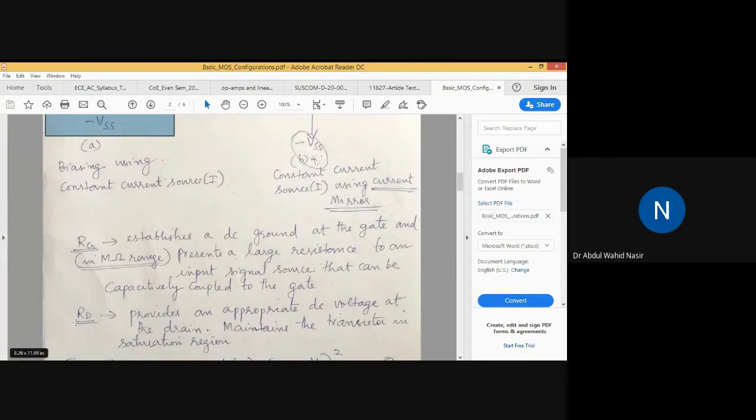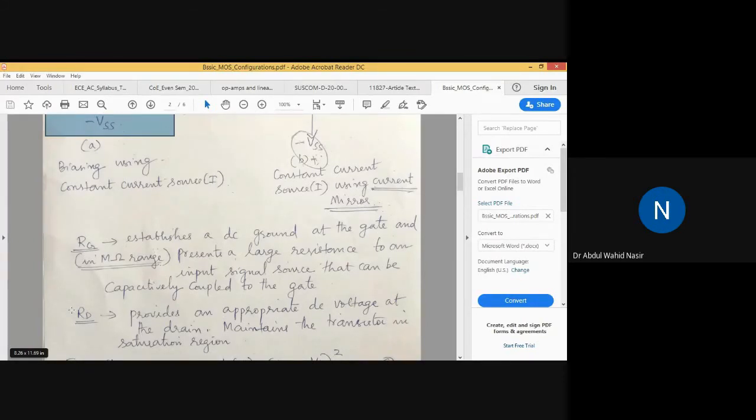Then RD, what is RD? It is the resistance connected to the drain terminal of the transistor. RD helps us in maintaining the transistor to work in the saturation region.